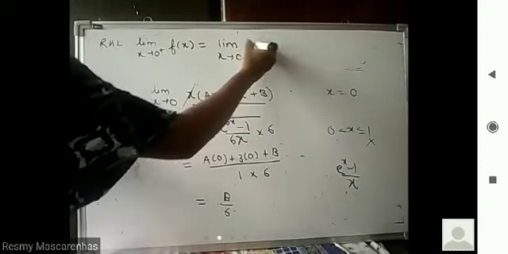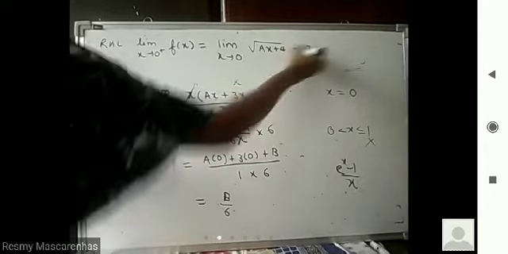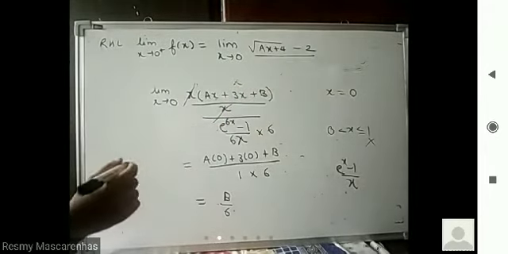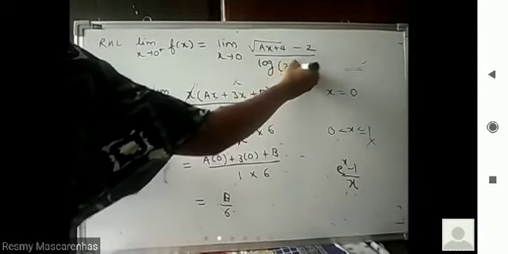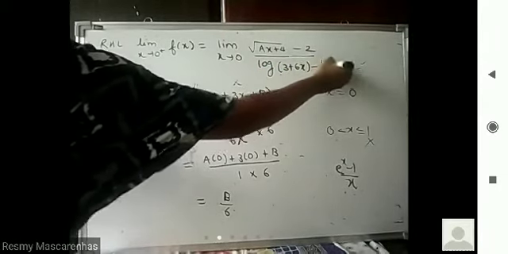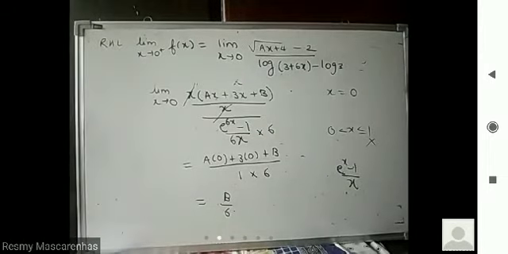That was root of ax plus 4 minus 2 upon x.